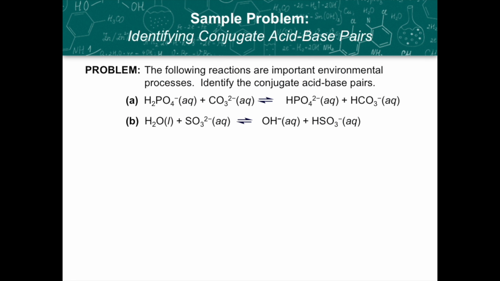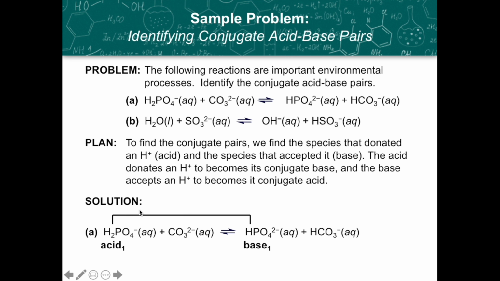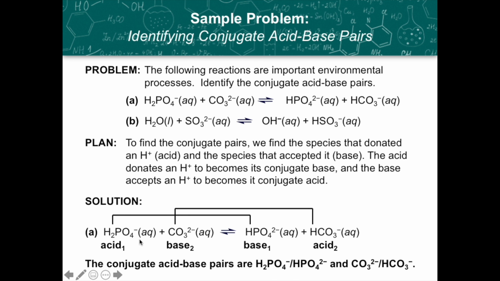So consider the following examples and let's identify the conjugate acid-base pairs. To find the conjugate pairs, we find the species that donated a hydrogen ion and the species that accepted it, which will serve as the base. The acid donates a hydrogen ion to become its conjugate base, and the base accepts a hydrogen ion to become its conjugate acid. In the first example, H2PO4- donated a hydrogen ion, forming its conjugate base, HPO4 2-.